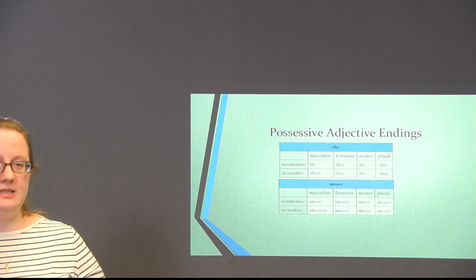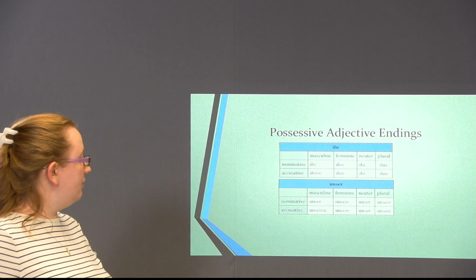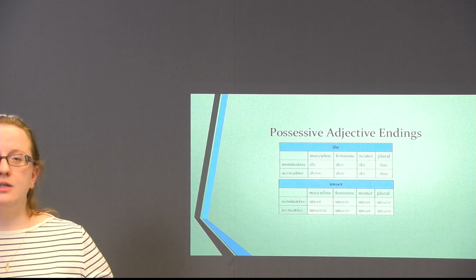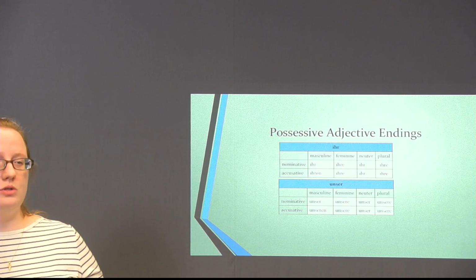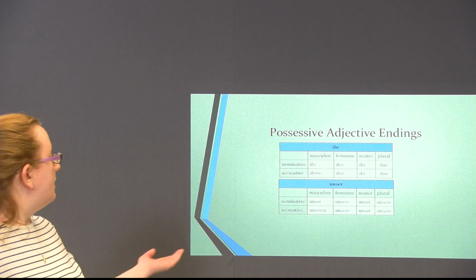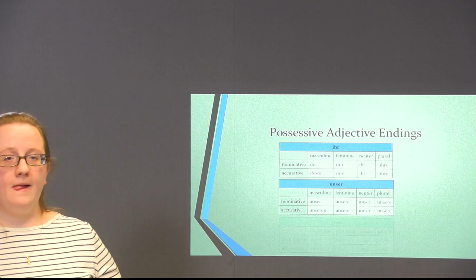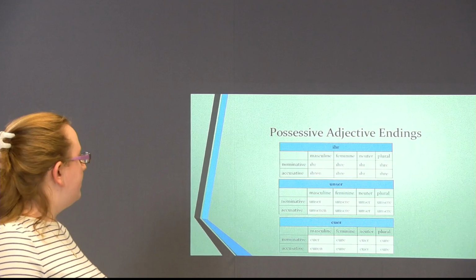And this pattern repeats itself. Here we have unser, for instance, masculine nominative unser, masculine accusative unseren, feminine unsere, unsere, and so on. And here we have one more example, euer.